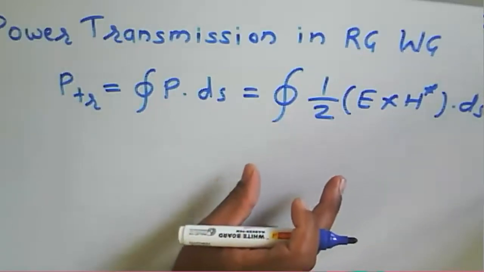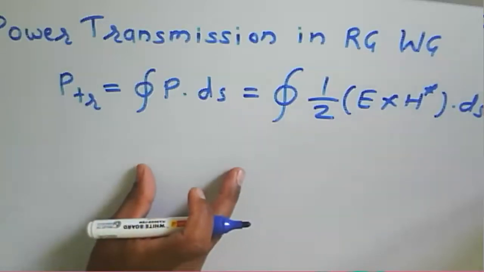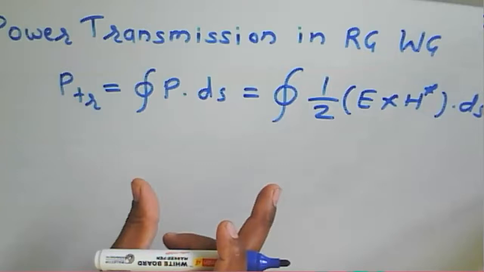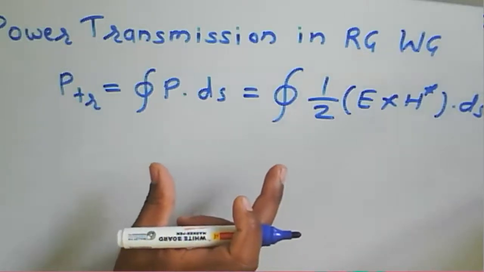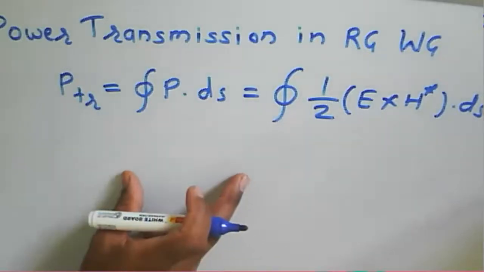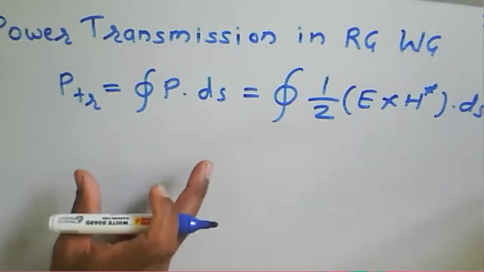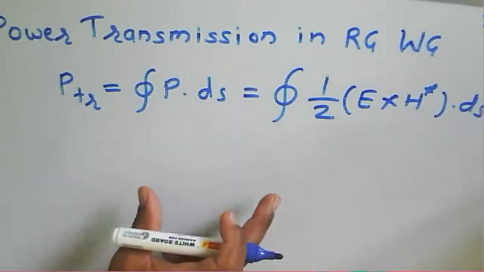So to obtain the power transmission here in a lossless medium, or you can say that the guide is a lossless dielectric medium, there is no loss, it is supposed to be an ideal condition.